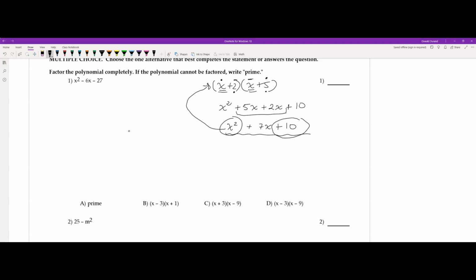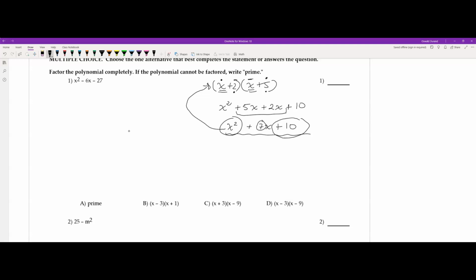The 2 and the 5 are combined with an x variable, and therefore the sum of those last terms must be equal to the 7. Not only should the last terms of the binomials match the product of the last term, they should also match as a sum the coefficient of the middle term. Okay, so let's try it out.